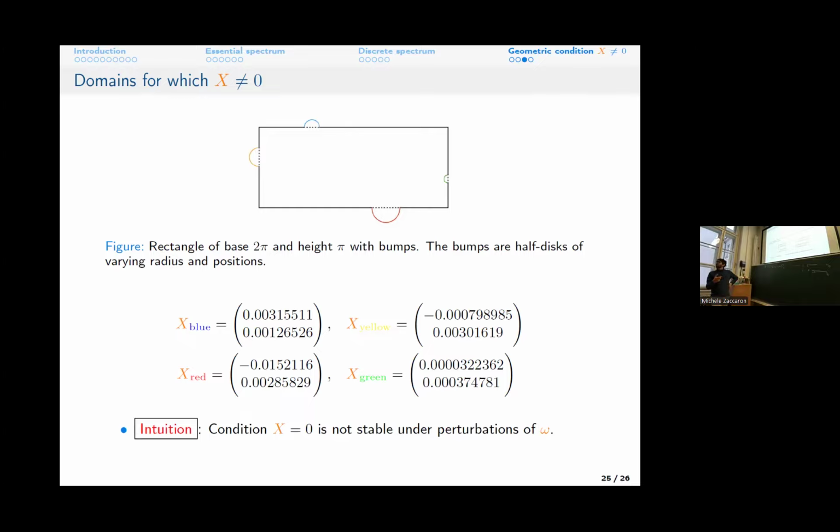It feels like the condition x different from 0 is generic for the cross section. We prove this rigorously, with a theoretical proof of that. If you destroy the symmetry of it, then x activates, then we hope to be able to use our condition.